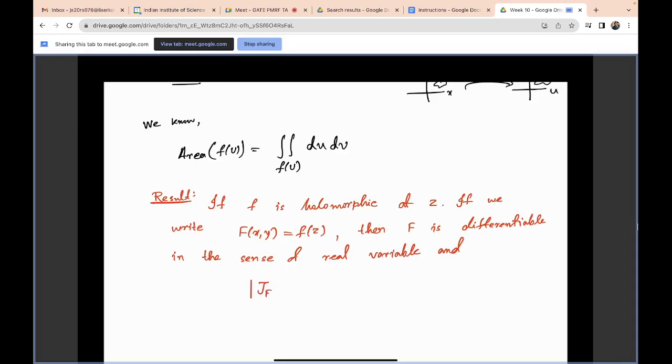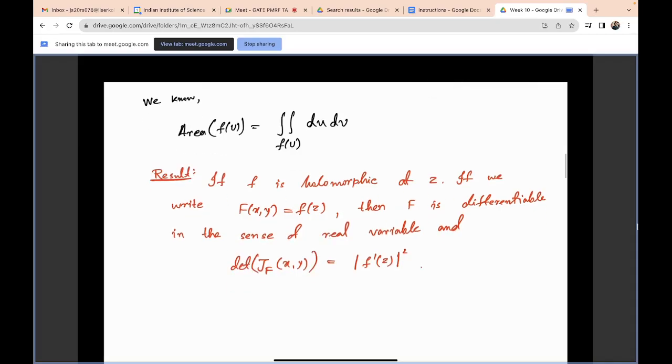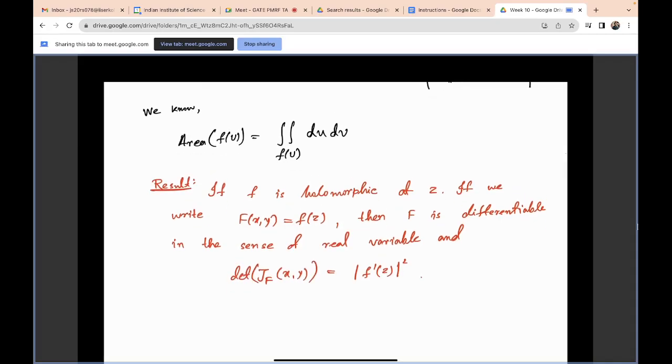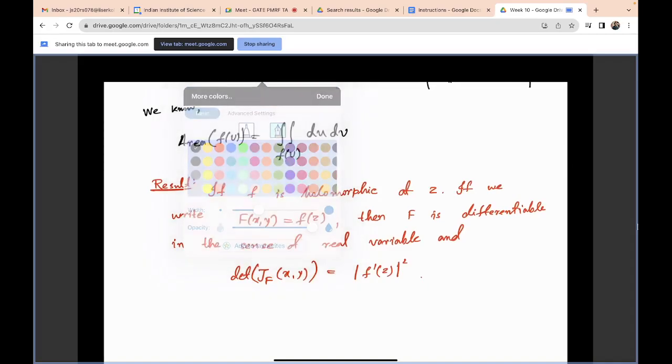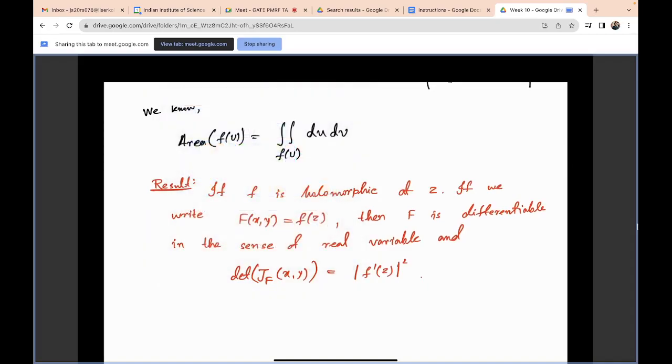So this is the Jacobian matrix for capital F at the point xy. This will be given by mod f dash z whole square. So basically the Jacobian determinant of capital F is equal to mod f dash z whole square.